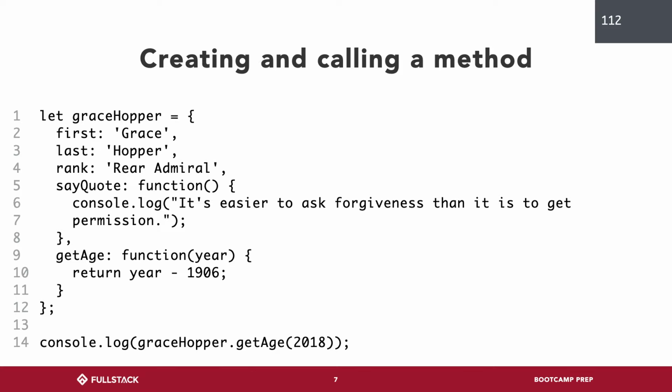So in 2018, Grace Hopper would have been 112 years old. Does this make sense? And it makes sense that this is going to get the age of Grace Hopper, not the age of another person, right? You guys get that? Cool.